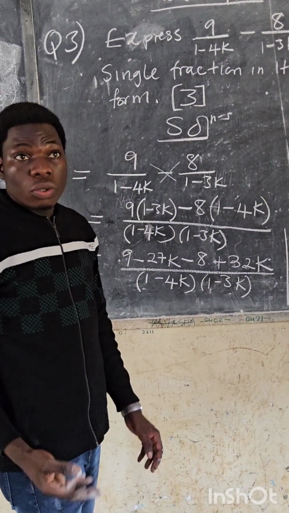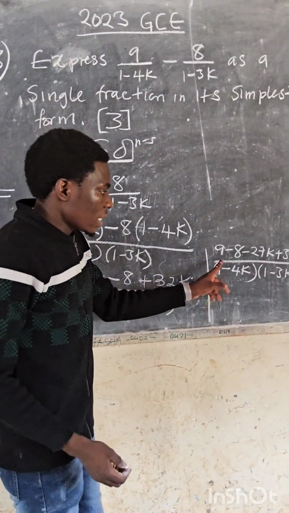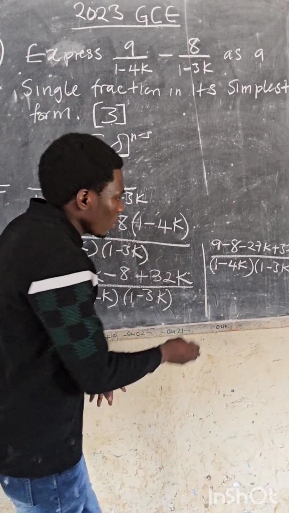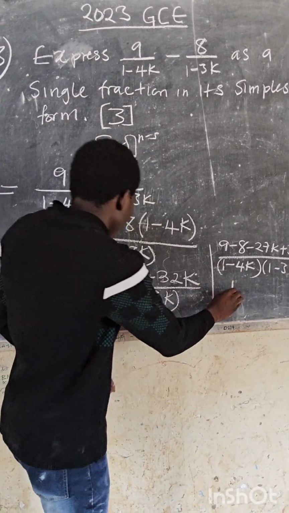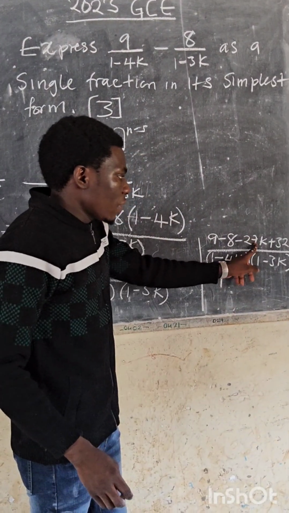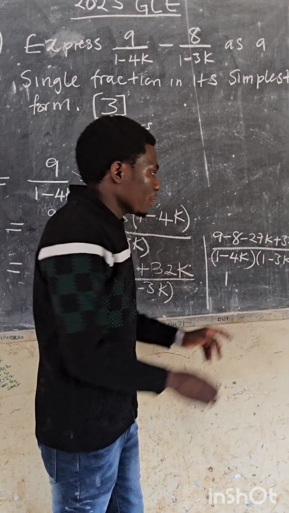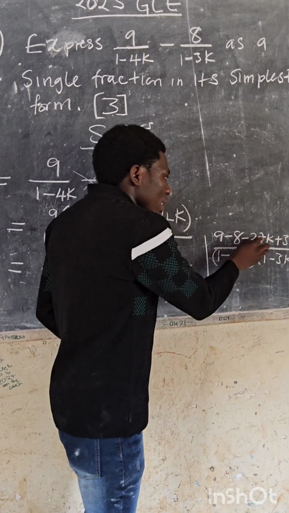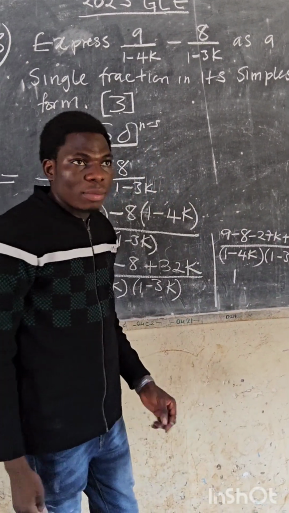What are we going to do? We simply subtract 9 minus 8, and we get 1. Then we have negative 27k plus 32k.